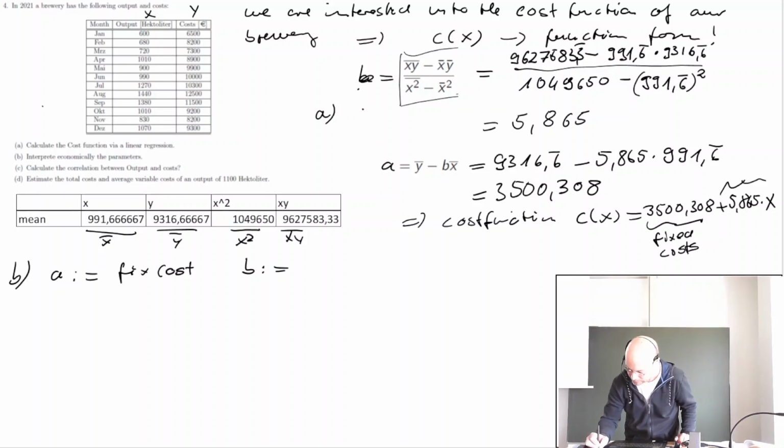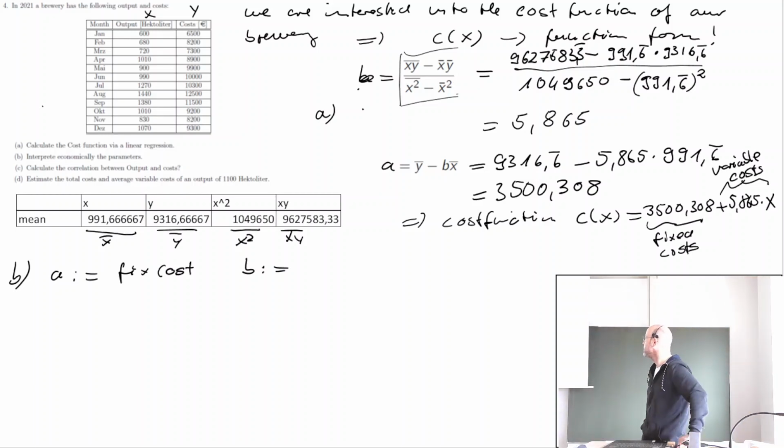So this you have to distinguish. These are the variable costs. Of course, the parameter B has something to do with the variable costs. But if you strictly interpret it, B are not the variable costs. They are only a part of the variable costs. And which part they are?